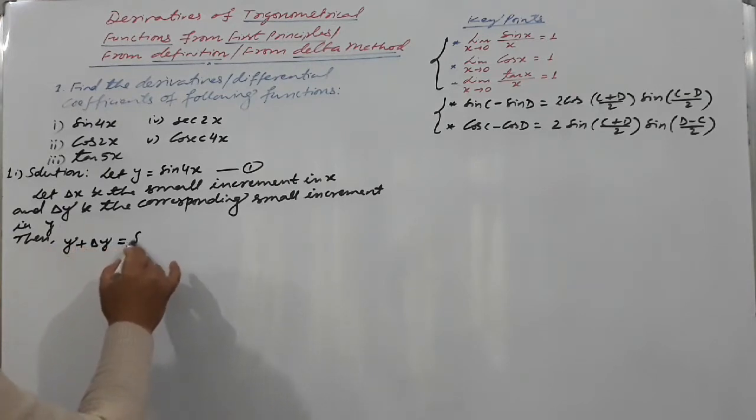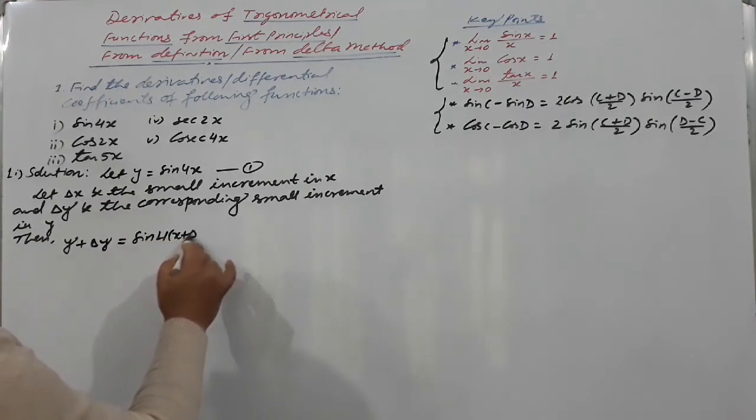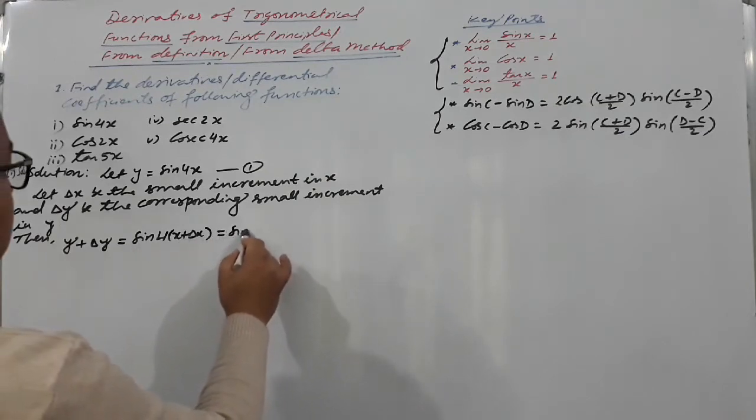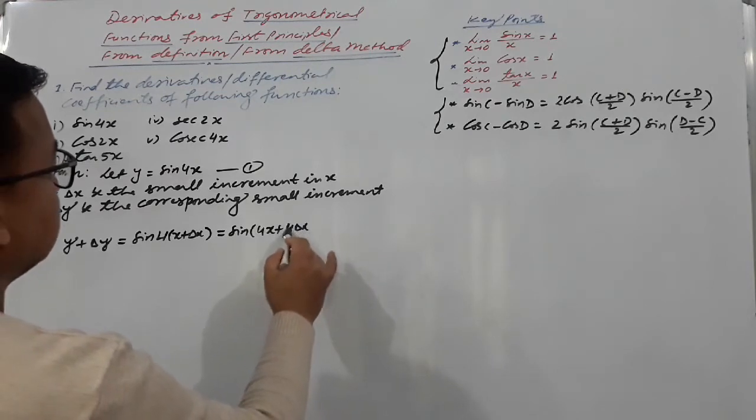After the increment, sine 4x becomes sine of 4 times x plus delta x, which you may write as sine of 4x plus 4 delta x.